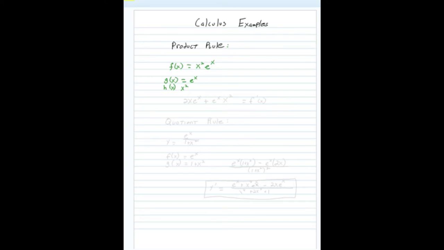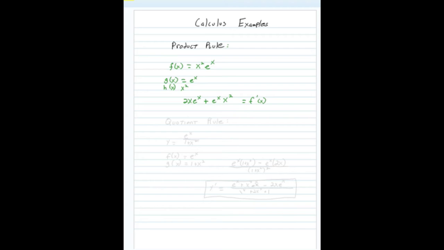So we take the derivative of the first function, the derivative of h of x, which is 2x, and multiply that by the second function itself, e to the x, and then add to that the derivative of the second function. The derivative of e to the x is e to the x, times the first function, x squared, and that's equal to f prime of x.